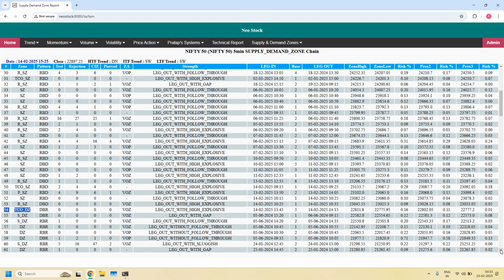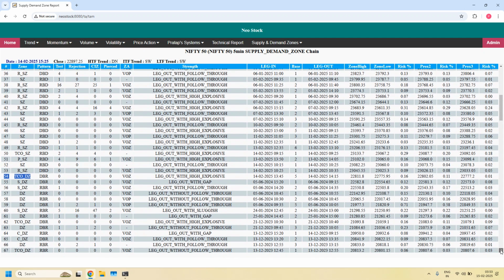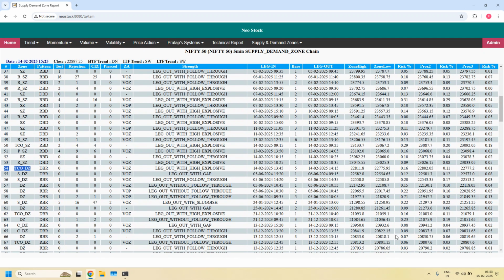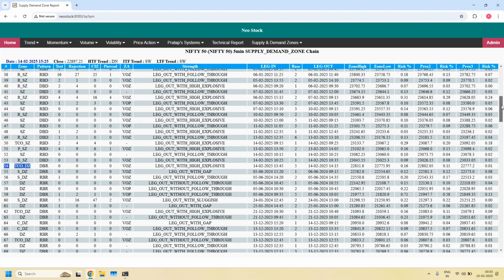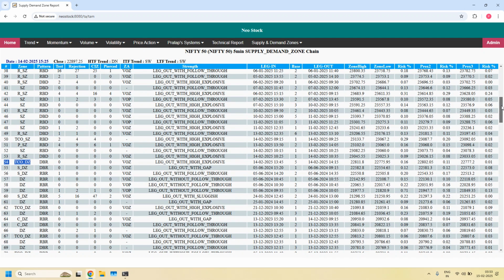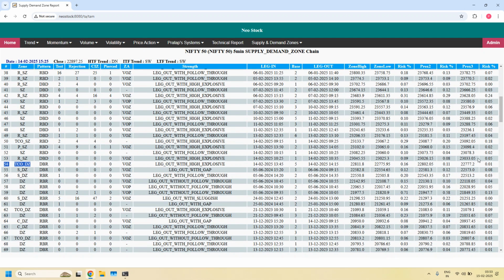So let me put it in the center so that we get an equal number of demand and supply zones below and above. Okay. So this is the Nifty 5 minute supply demand zone chain. With this we have completed Nifty.